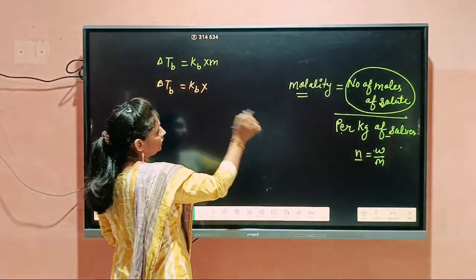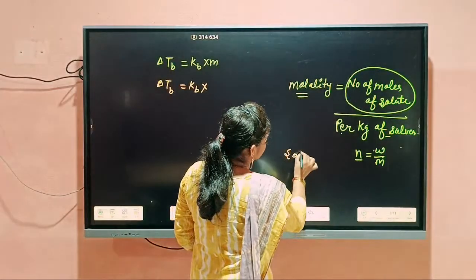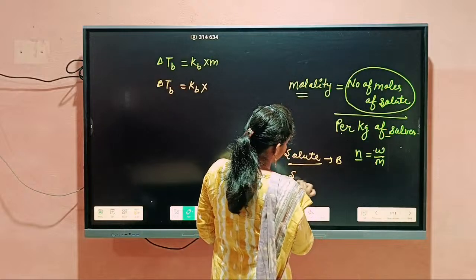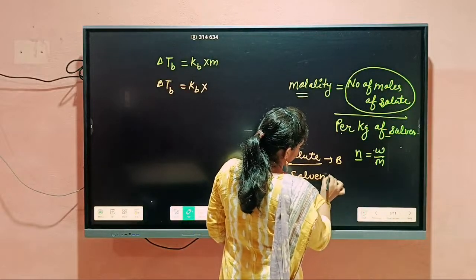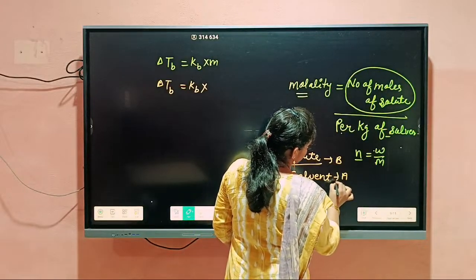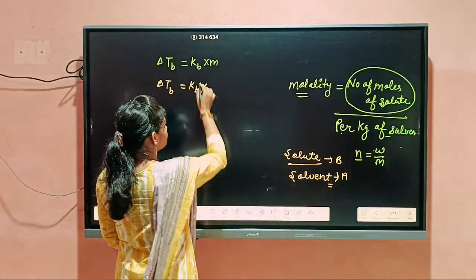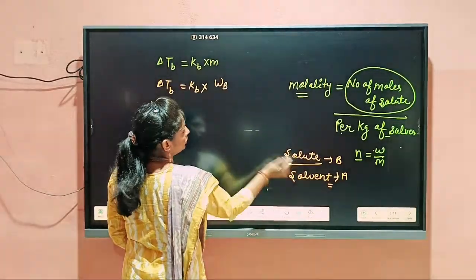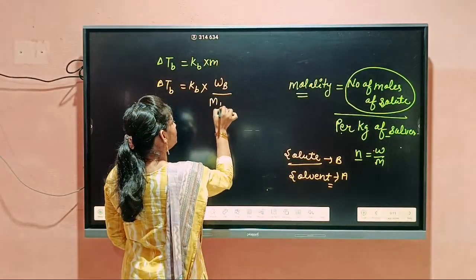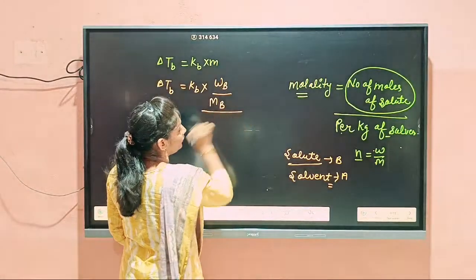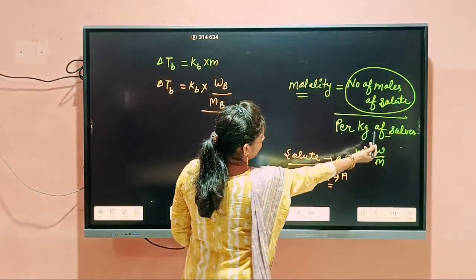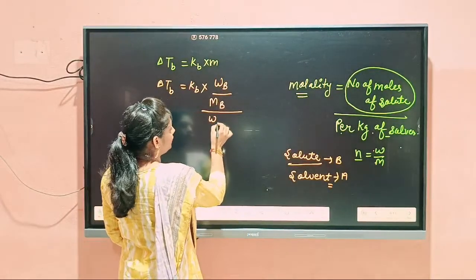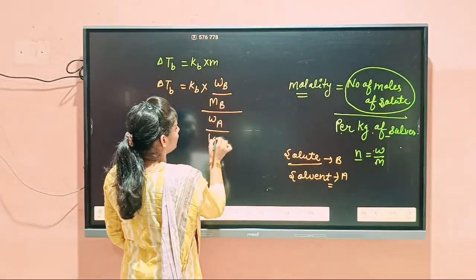Let us consider here the solute is B and the solvent is A. So I can write, Kb into given mass of solute by molecular mass of the solute divided by the given mass of solvent divided by 1000.